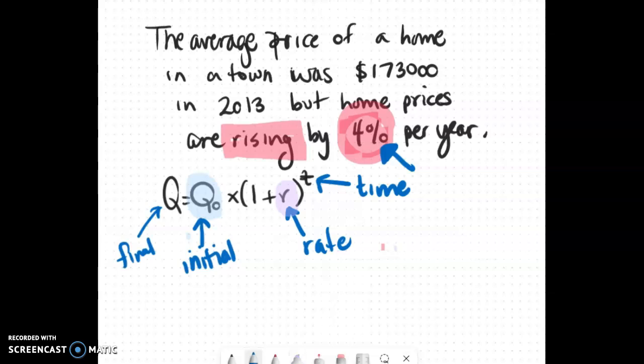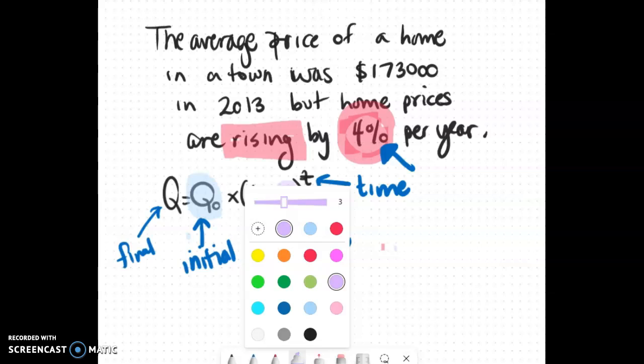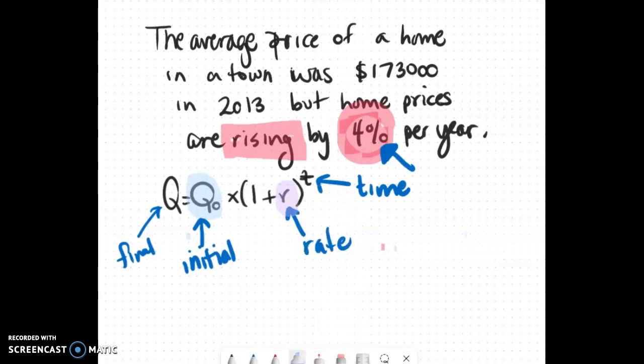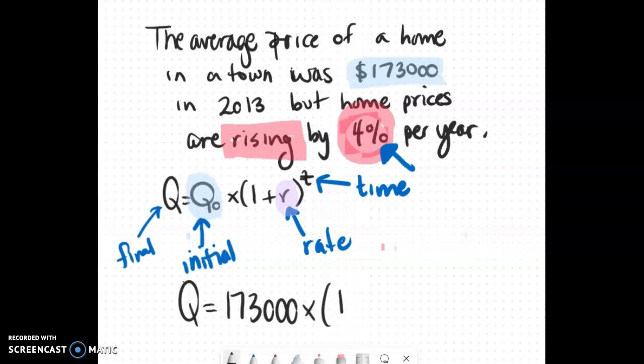So going into the problem to find Q sub 0, that is the starting price of the home in 2013, and that is 173,000. So I'm going to say Q is equal to 173,000 times 1 plus, and then I have to fill in an R, and the R is the rate.